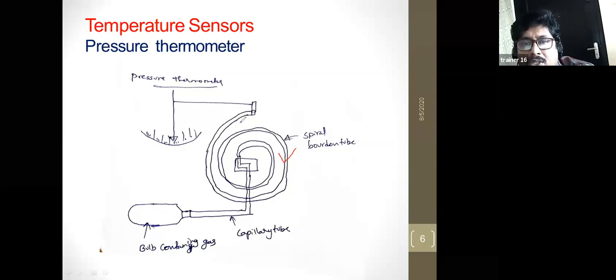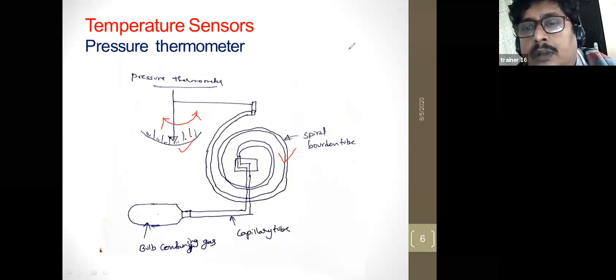With the expansion or contraction, at the end of the Bourdon tube we are arranging some arrangements, which in turn leads to a movement of the pointer in this direction and in this direction. So this scale indicates the temperature of the gas in the bulb. Okay, right? Do you understand?